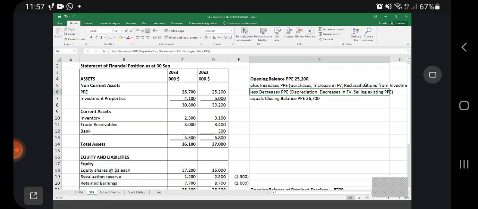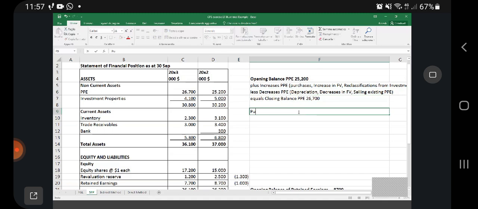What you have to calculate here is the purchases of PPE. If you calculate the purchases of PPE, this is a very important item for the cash flow statement. Remember that for the investing activities, I have to say how much did I pay for purchasing new equipment? And this piece of information is missing here, it is not provided for me.